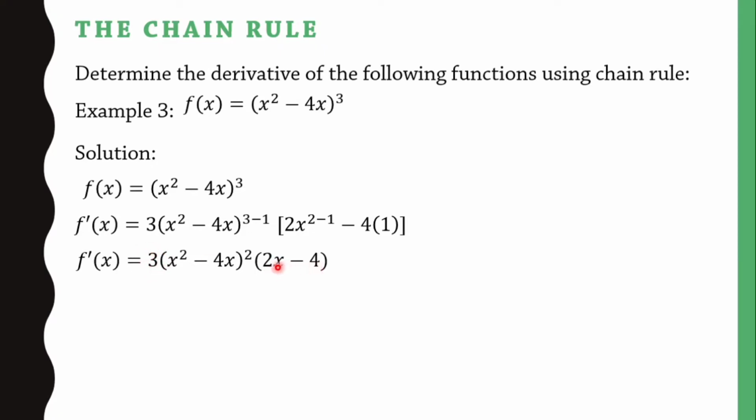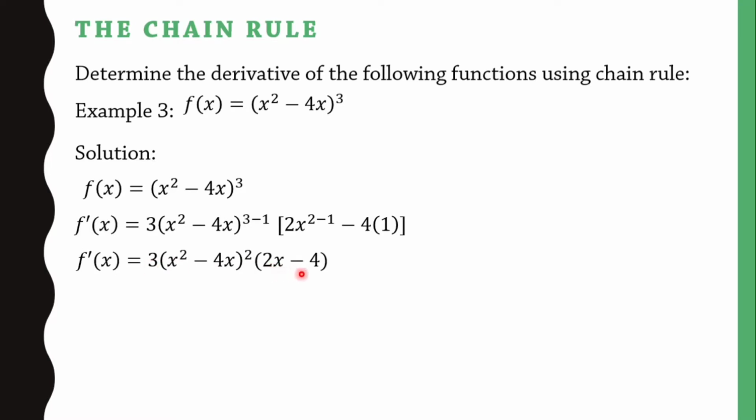Take note, we cannot multiply 3 by x squared minus 4x raised to 2, because you still have to square this one before you can multiply it by 3. So what we can multiply here first is 3 and 2x minus 4.